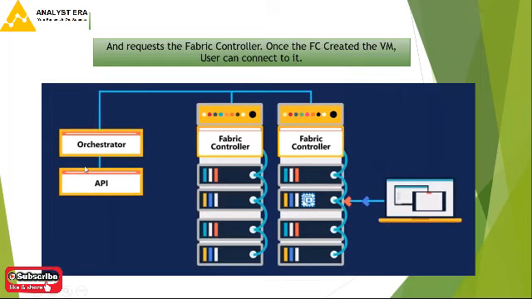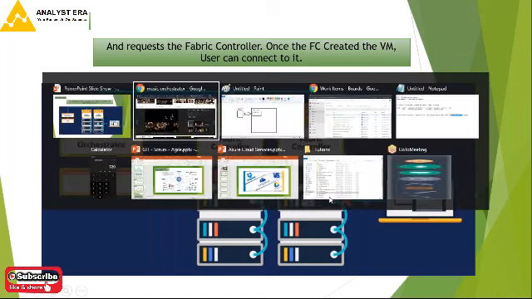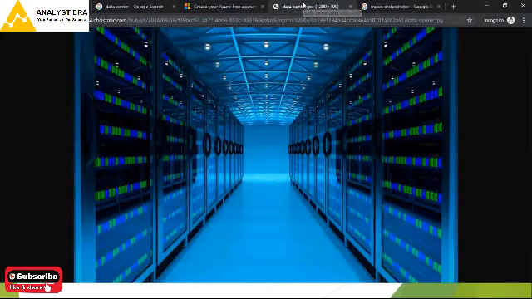Once I say create a virtual machine, I trigger that to the API. The orchestrator says, yes, go ahead and create a virtual machine inside one of the data racks. You have multiple racks in your data centers. In one of the racks, it will decide.